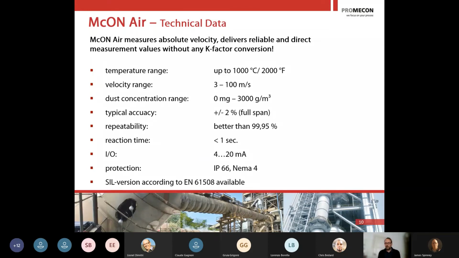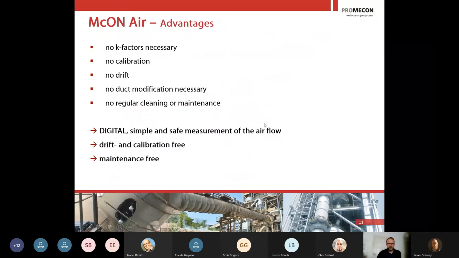In different countries we have different regulations, but a lot of modern new-build power plants in Europe require this SIL2 certificate, and we have the certification done for this measurement.